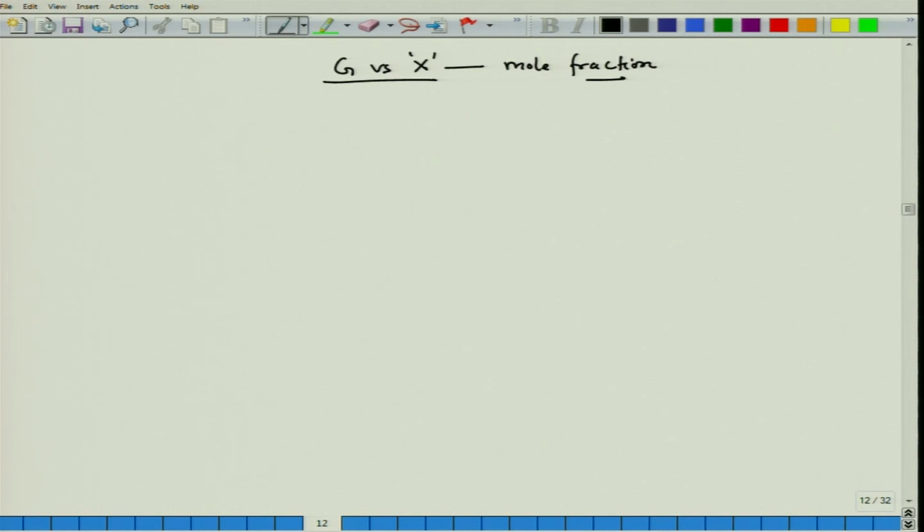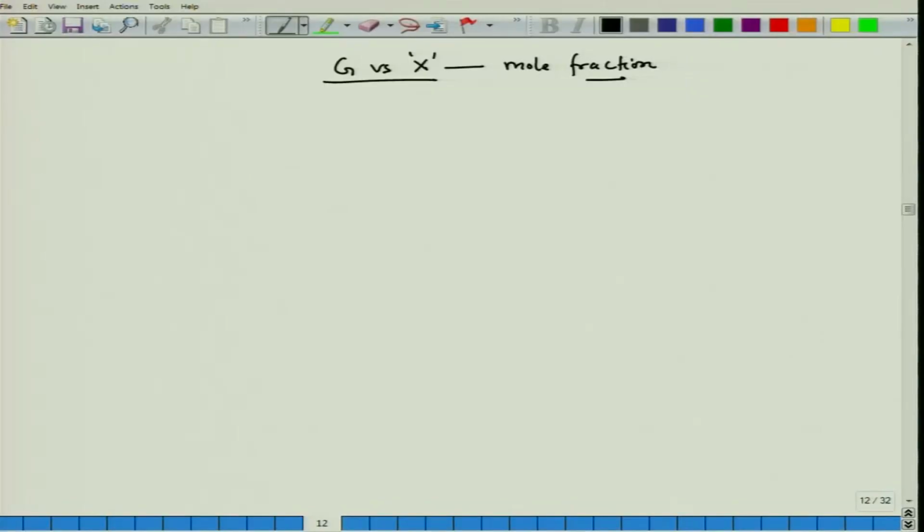Now, we understand that in order to know this free energy change for nucleation, which is part of nucleation rate, and overall free energy change, which is part of overall transformation kinetics, we need to have an idea how to get to this particular G versus X plot.